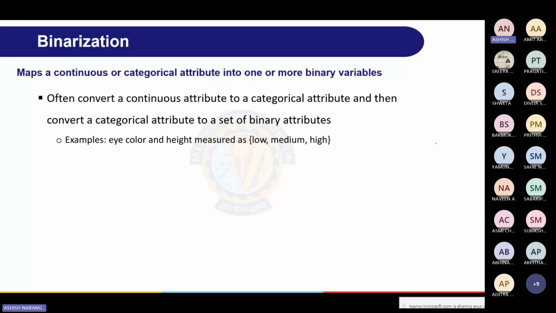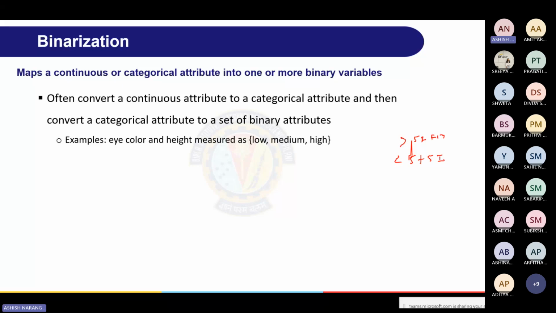Now, if I have a continuous variable, like the height example, that was converted into categories. Now let's say I come up with only one split: people who have height greater than 5 feet 5 inches and less than 5 feet 5 inches. I can do both ways. So greater than 5 feet 5 inches, yes or no, right? I'm able to convert a continuous variable into binary, which has two values, yes or no.